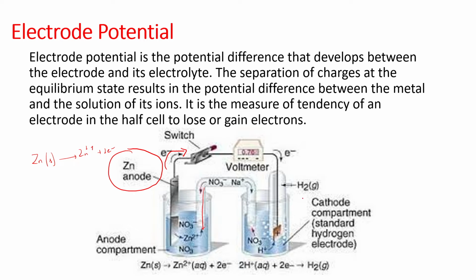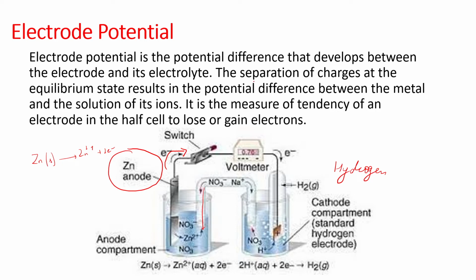And here you can see there is the cathode, which is the standard hydrogen electrode. Electrode potentials are always measured with respect to a reference, and that reference is taken as the standard hydrogen electrode, whose potential is assumed as 0.